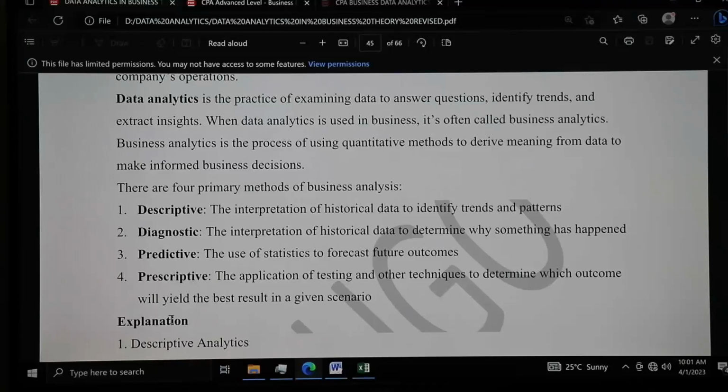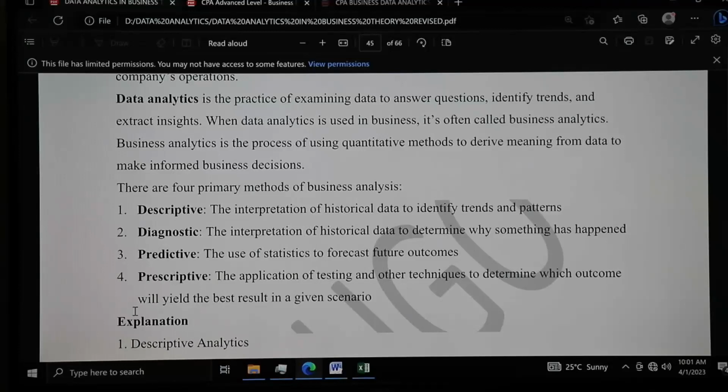Because as a matter of fact, if you check, the first answer is actually correct. Descriptive analytics provides historical data and information. It is actually very correct, the first answer, because it does that.